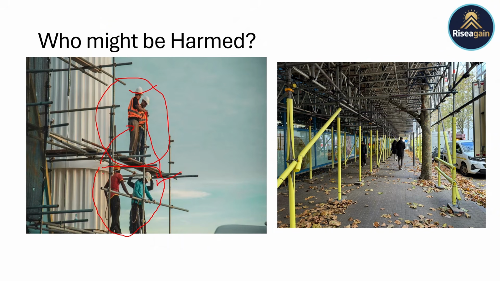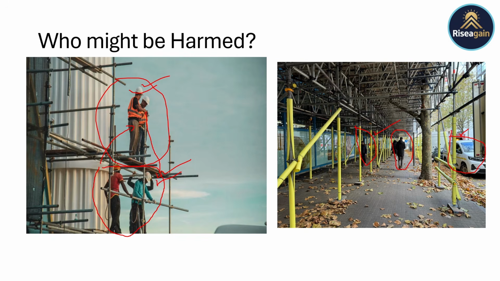And also, if these people are working and there are pedestrians and the public moving, such as here, so we can say the public might be harmed, the people who are working here and working nearby, people passing by, plus we can say public property.